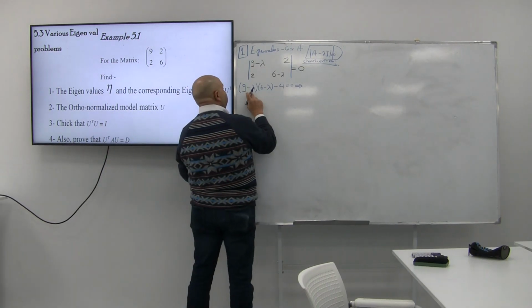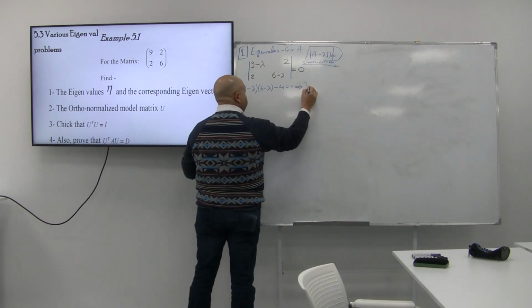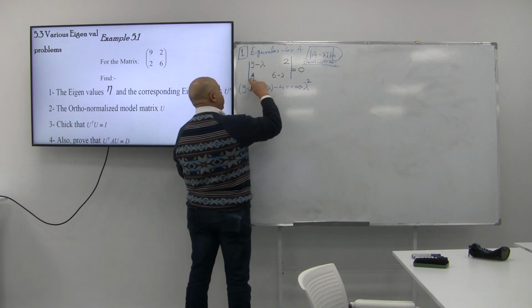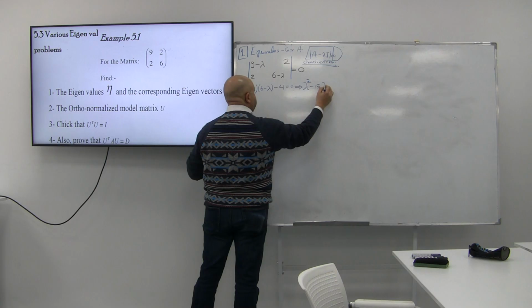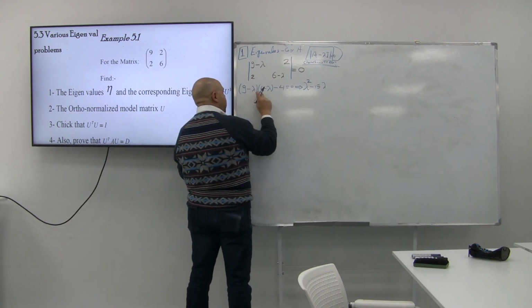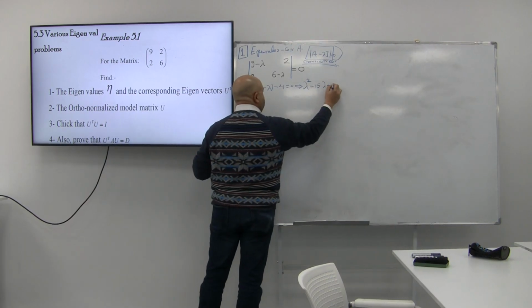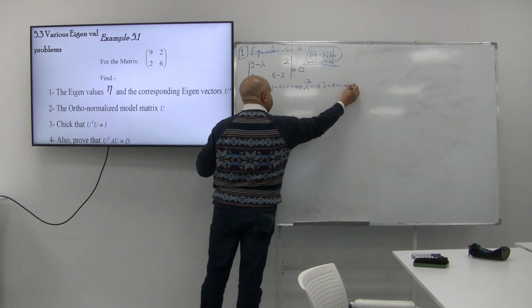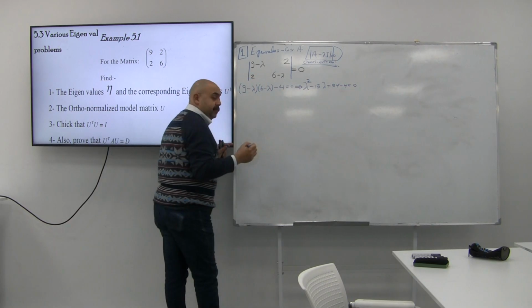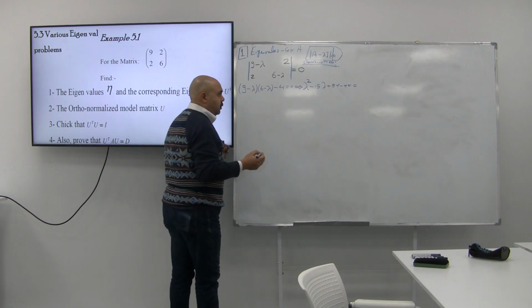So it's negative lambda times negative lambda, which is going to be lambda squared, negative 6 lambda, negative 9 lambda. So you will have negative 15 lambda. 9 times 6 is going to be a positive 54. Just subtracting 4 from this quadratic equation, equal to 0.